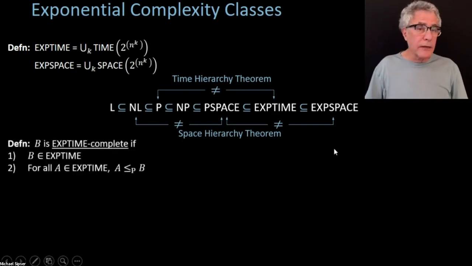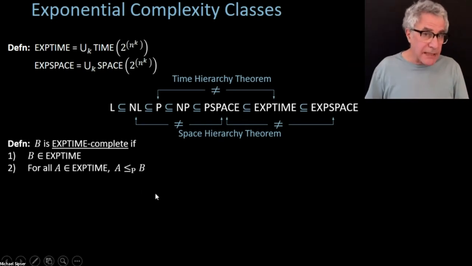Now we're going to define complete problems for these two classes, exponential time and exponential space. So we have exponential time complete. It's going to be analogous to what we showed before, which is that it's a member of exponential time, and every problem in exponential time is reducible to it, let's say in polynomial time, though it's not really going to matter.